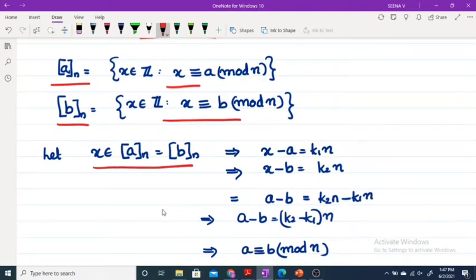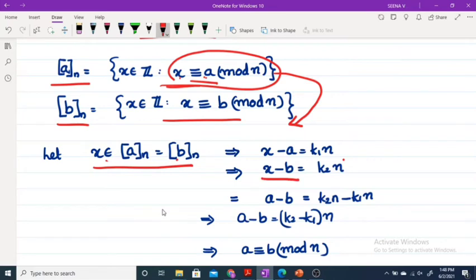What is the meaning of that? By definition, this means x is congruent to a mod n, that means x minus a is a multiple of n. Similarly, x belongs to the class of b mod n implies x minus b is a multiple of n. Clear?